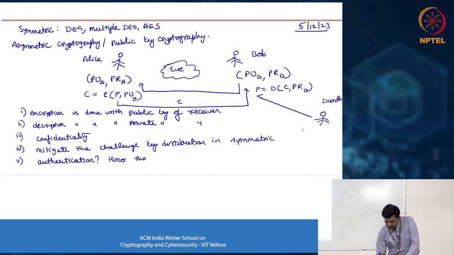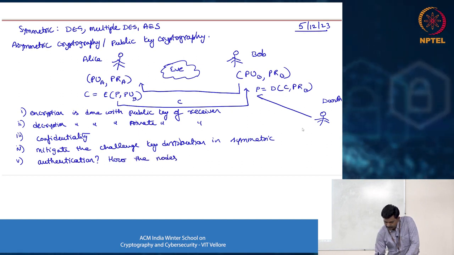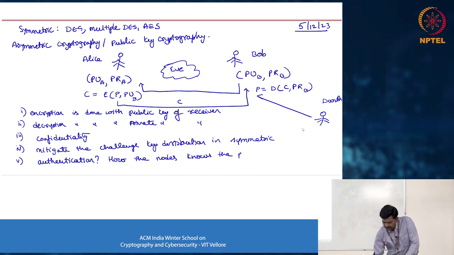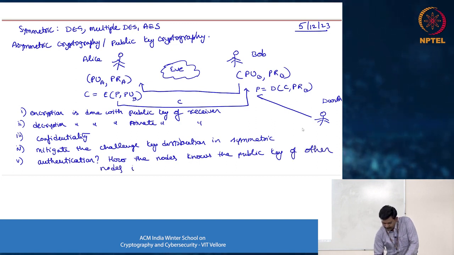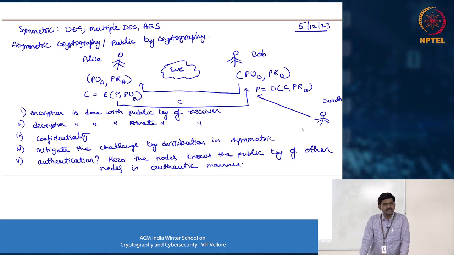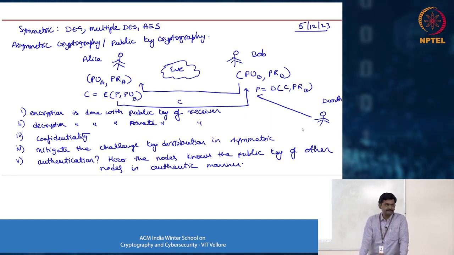It is how the nodes know the public key of other nodes in an authentic manner. When I say authentic manner, the challenge that comes here is the man-in-the-middle attack.